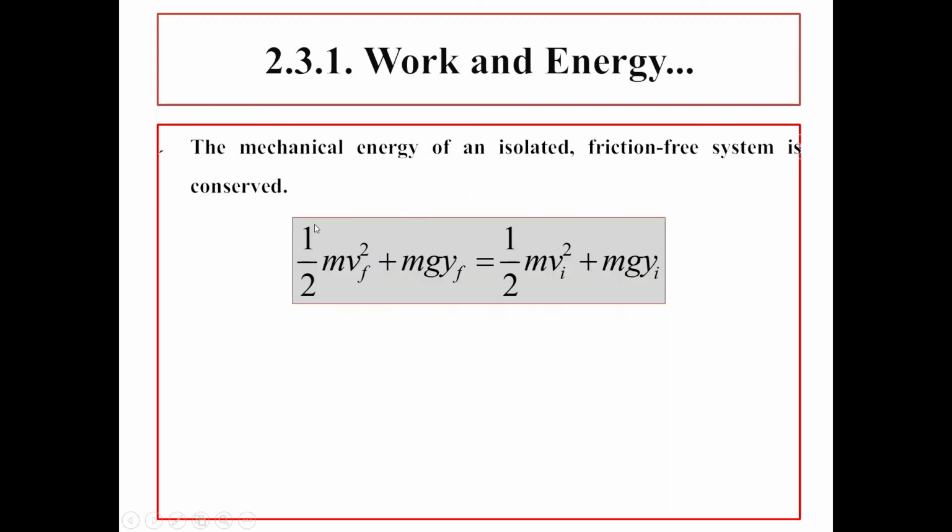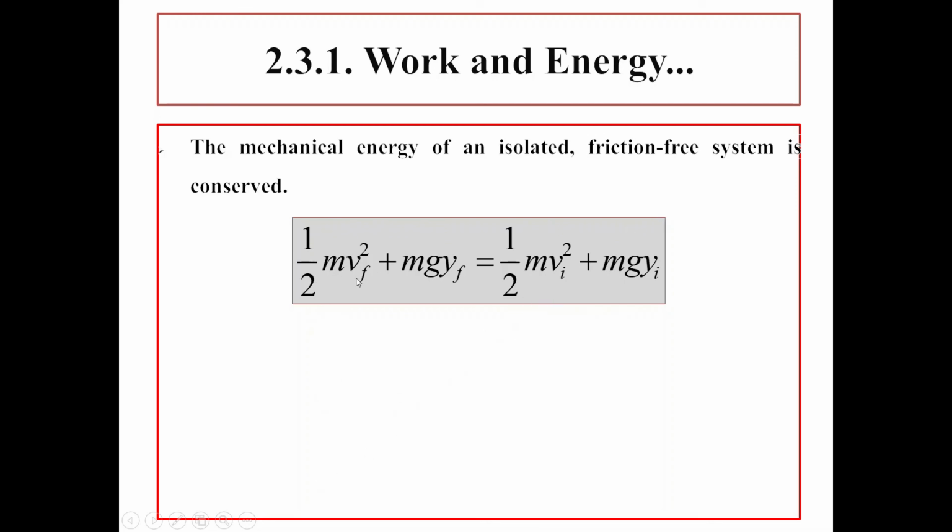Okay, so the mechanical energy of an insulated, friction-free system is conserved. Therefore, we take the kinetic energy, like half m v final square, plus the potential energy, on a surface which is friction-free. Then we have the kinetic and potential energy. Maybe it goes from a certain altitude downward, or down an inclined plane.